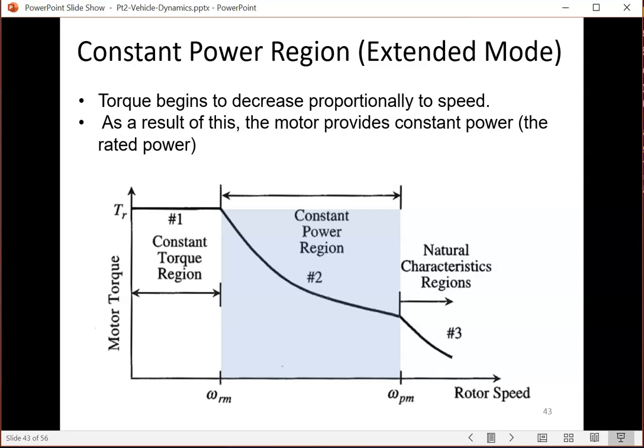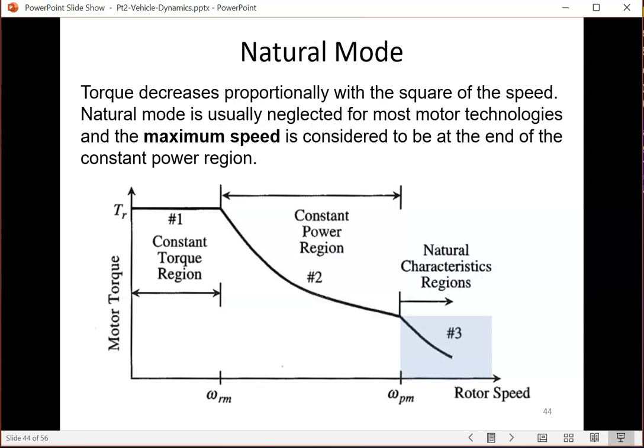Okay? And in this constant power region, the power here is also known as the rated power. It can't go beyond that. So the motor cannot produce more power. The third region is called natural mode. Sometimes people do go beyond the maximum speed.